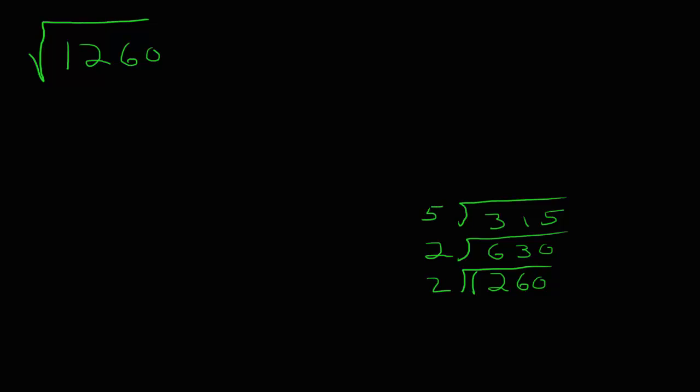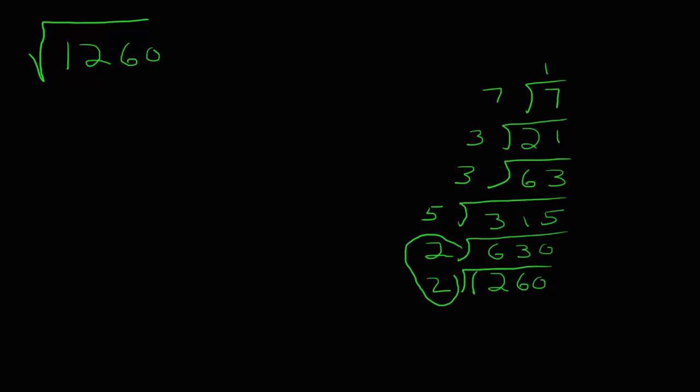5 leaves us 63. 63 is divisible by 3, which leaves us 21. 21 is divisible by 3, which leaves us 7. 7 is prime, factorable only by 1 and itself. So what pairs up here? I have a pair of 2's. I have a pair of 3's. Those will come outside of my radical.